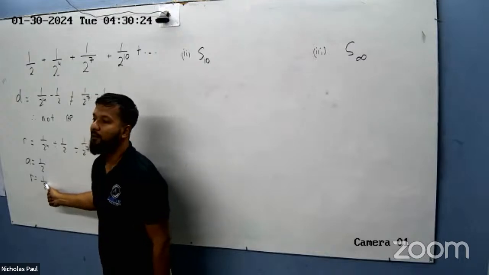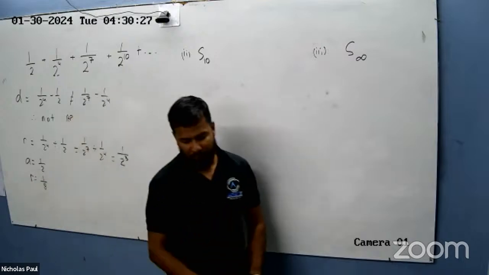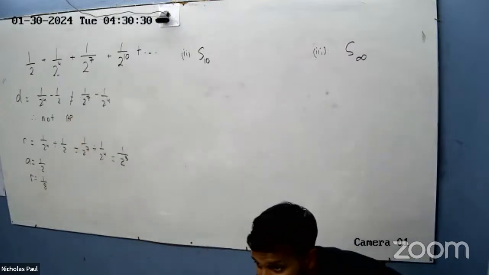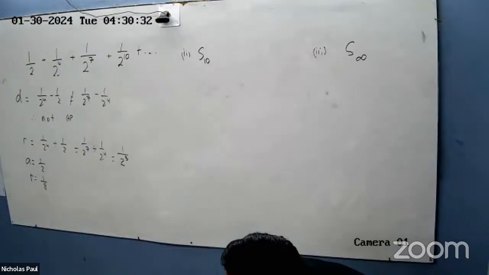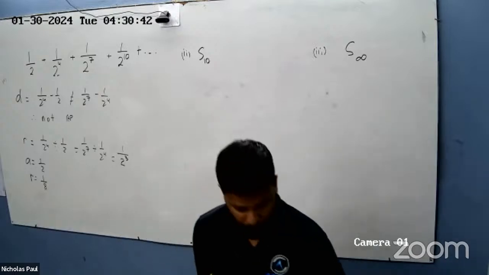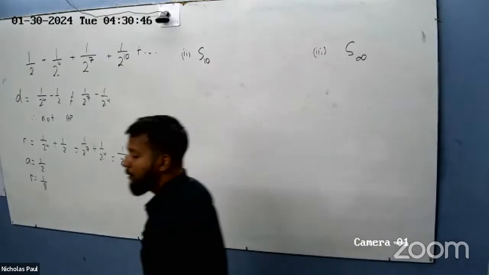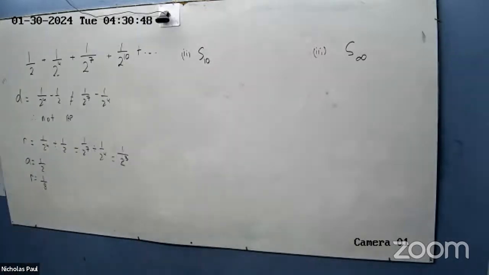Because R falls between 1 and -1, right? Good job. Go ahead, work it out. Let's see what you get. Find the sum of the first 10 terms using the right formula and then find the sum to infinity.